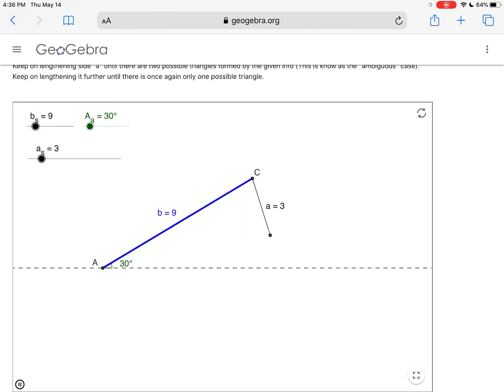However, if you extend a just a bit more to a length of 4.5, and it's going to take me a minute to get this right here, 4.5, we see that 4.5 is the perfect length to form a single triangle with a parameter of angle A being 30 degrees, side B being 9, and little a being 4.5.